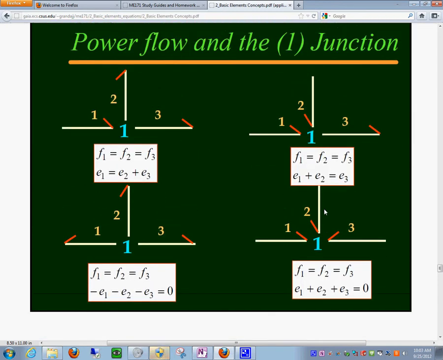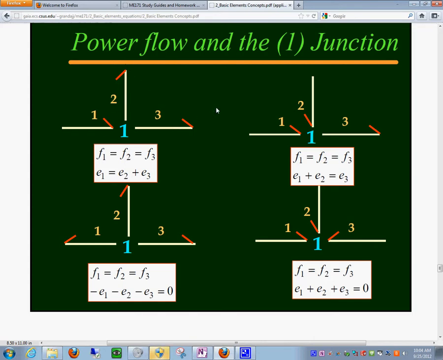If you make the representation now in the bond graph form, you see this is the one junction, and you say, how do we read this? First of all, it says F1, F2, F3 are the same. That's what this is. Second thing is saying E1 is equal to E2 plus E3, because what comes in is equal to what goes out.